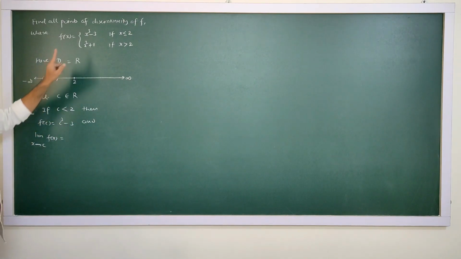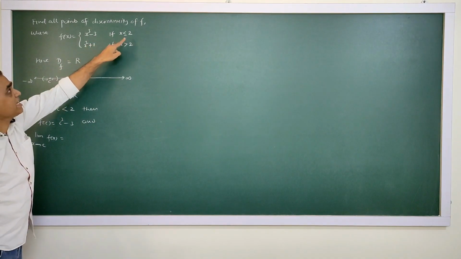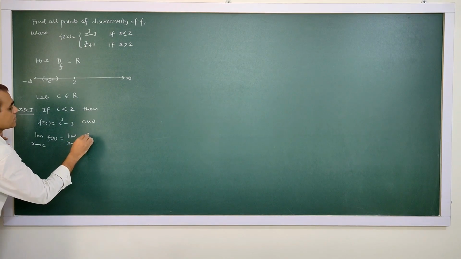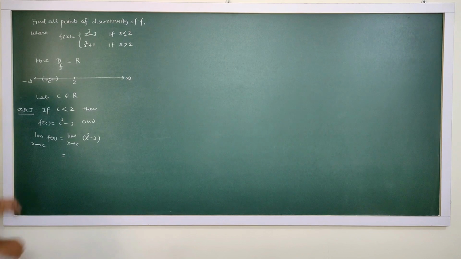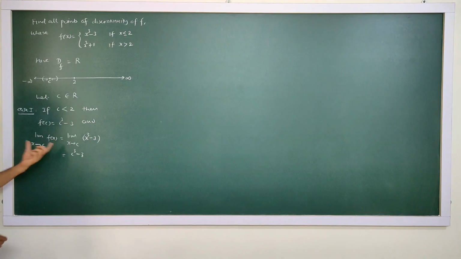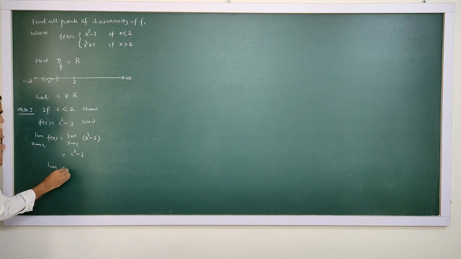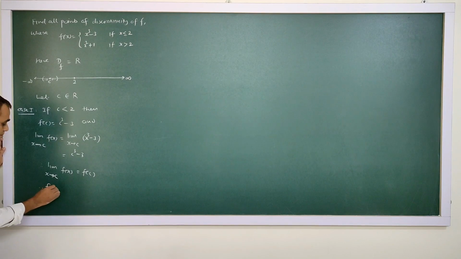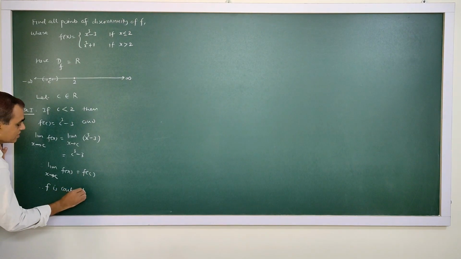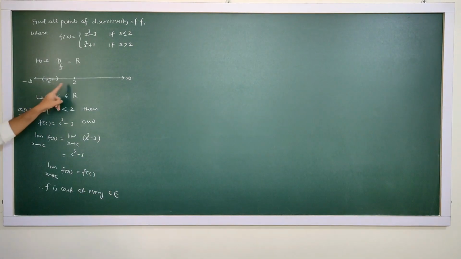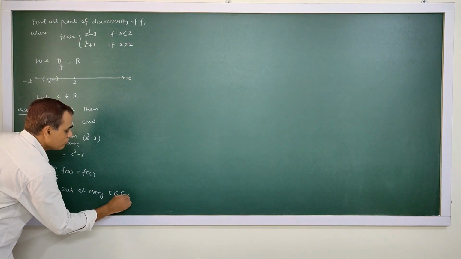So f(x) equal to x cube minus 3 for x less than 2. So putting here c, c cube minus 3. So you can see that these are equal. Therefore, limit of f(x), x tends to c is f of c. So function is continuous at every c belonging to minus infinity to 2.